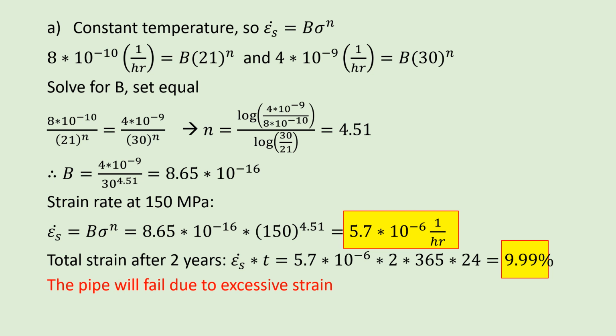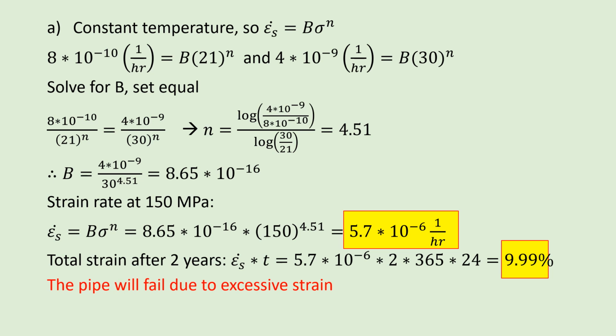So with these 2 equations that we have, the first thing we're going to do is solve for B, and then we're going to set B from equation 1 equal to B from equation 2, and we get what's in line 4, which is 8 times 10 to the negative 10th divided by 21 raised to the n power is equal to 4 times 10 to the negative 9th divided by 30 to the nth power. We rearrange that, we can solve for n.